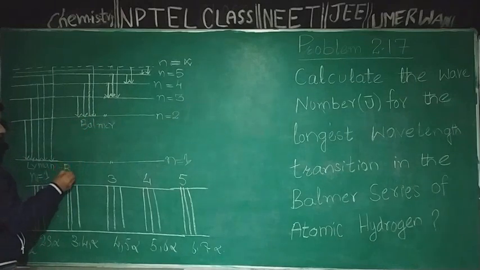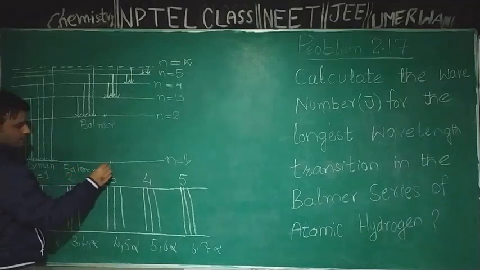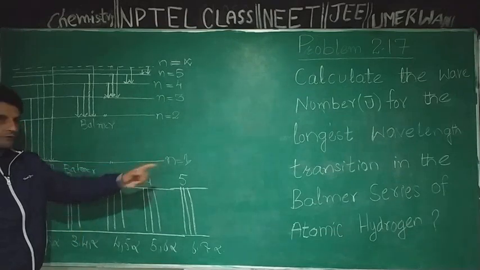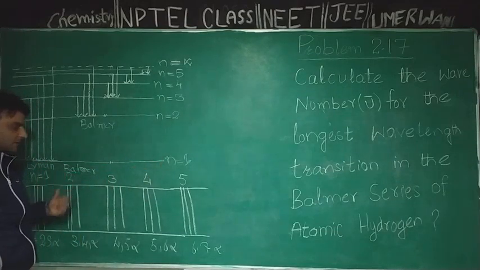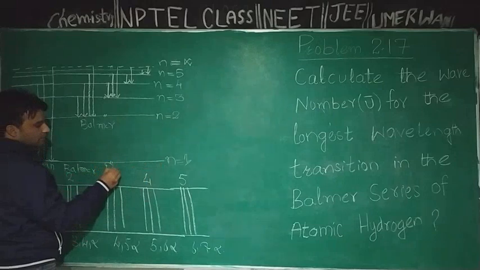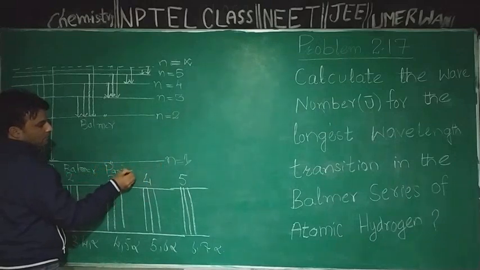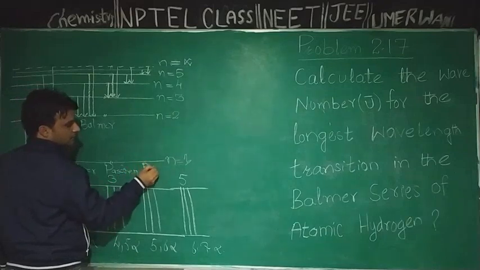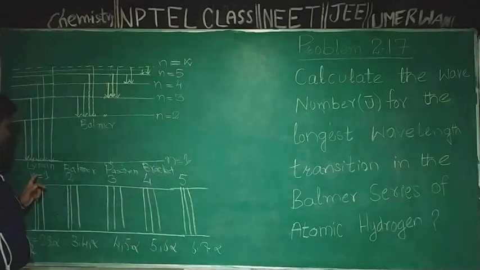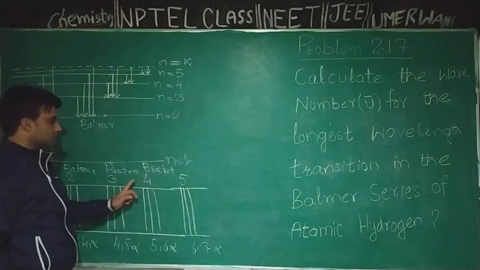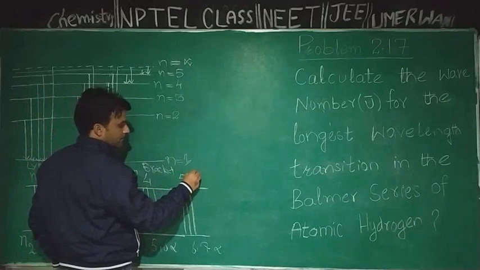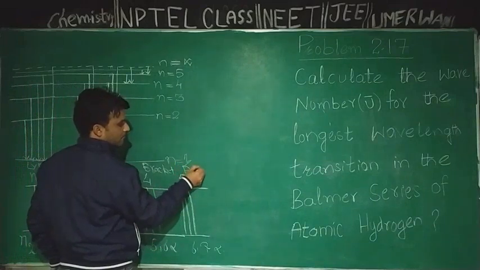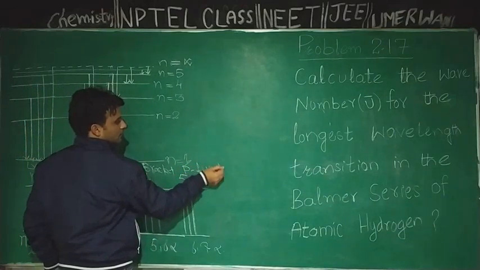The third series of lines, and this question is based on the Balmer series, the third is the Paschen series. Fifth is the Brackett series. First is Lyman, second is Balmer, third is Paschen, fourth is Brackett, and fifth is Pfund series.